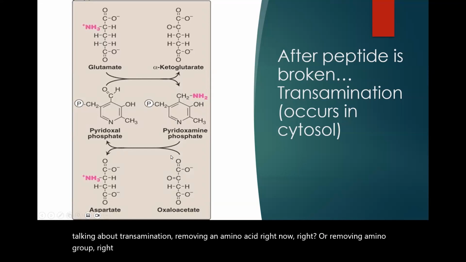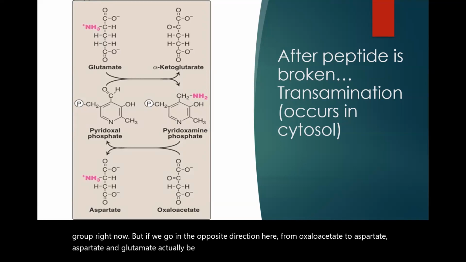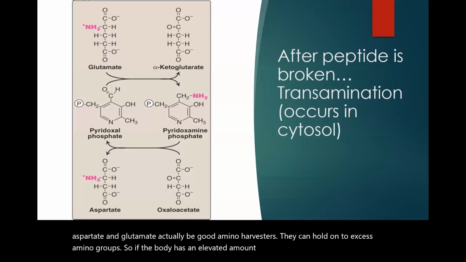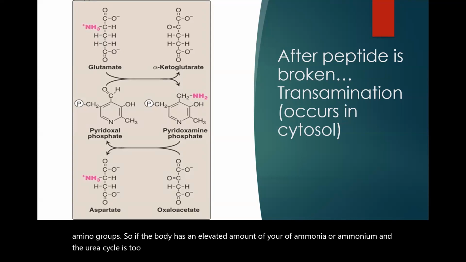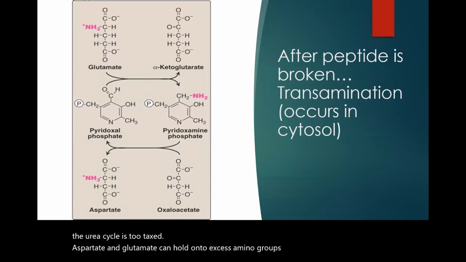But if we go in the opposite direction, from oxaloacetate to aspartate, aspartate and glutamate can be good amino harvesters. If the body has an elevated amount of ammonia or ammonium and the urea cycle is too taxed, aspartate and glutamate can hold on to excess amino groups to help decrease that taxation.